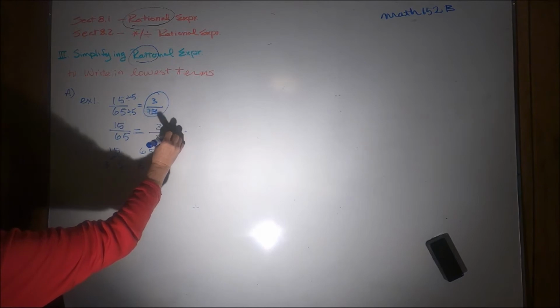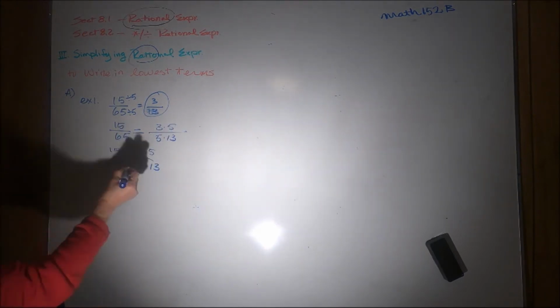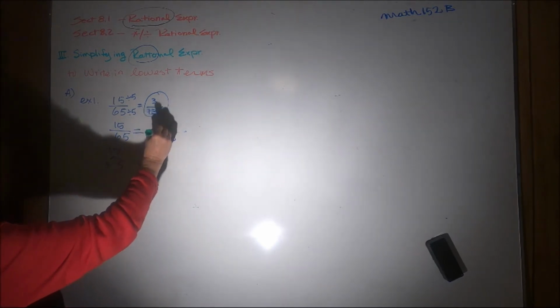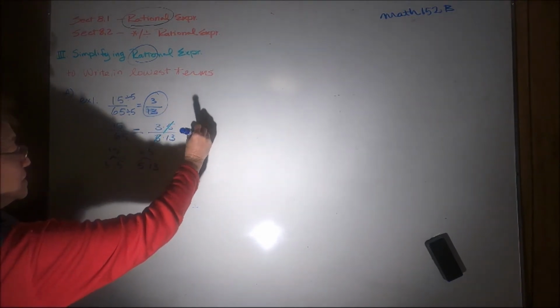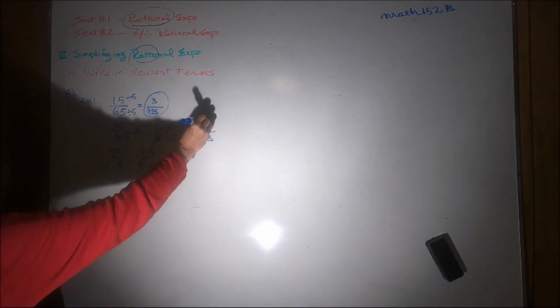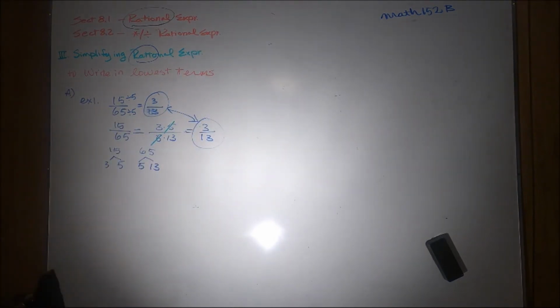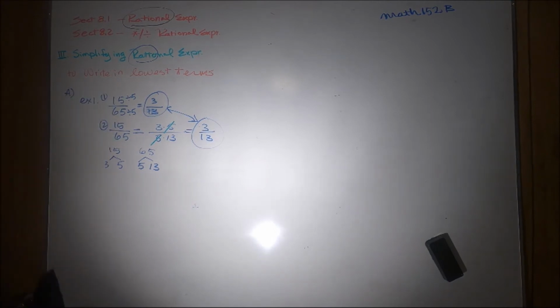So 5 times 13 would be 65. So if we do that, we can cross cancel the 5. Then what do we have? We have 3/13, right? So do we have the same answer? Yes. For numbers, we can do either way, right? That's the first method. That's the second method we will use.